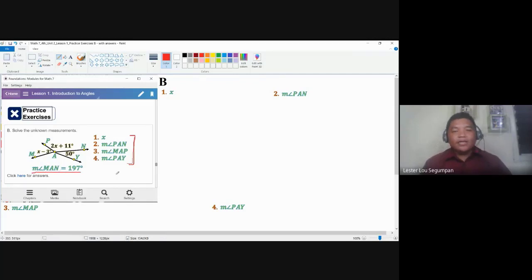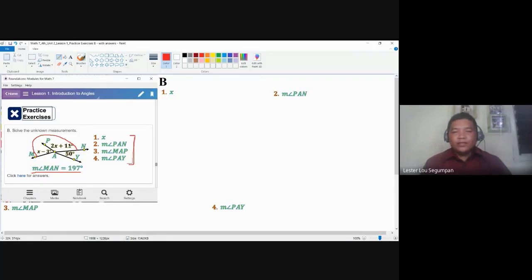The given here is the angle MAN, that would mean this angle here measures 197 degrees. And this is a combination of two different angles. Angle MAP, which is given to be x minus 3 degrees, and angle PAN, which measures 2x plus 11 degrees.